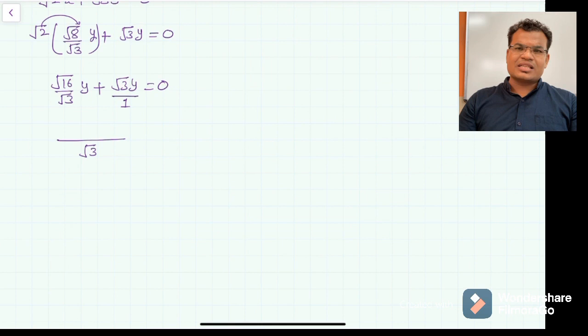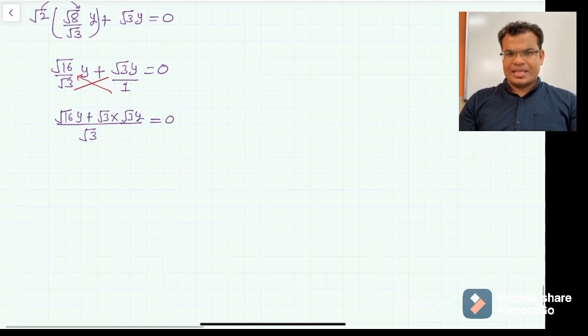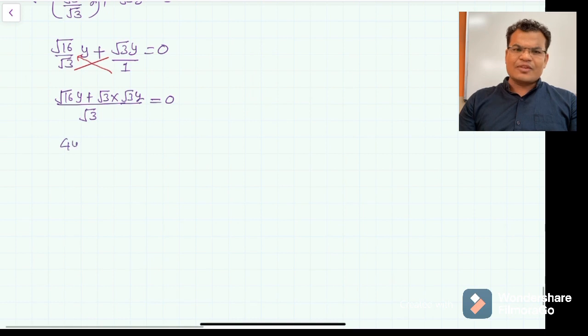So I have taken the LCM, that root 3 and 1 will become root 3, and after taking the LCM, root 16y plus 3 root 3 into root 3 is 3y. So in the next step we can write here root 16 will be 4y, root 3 is 3, so 3y whole upon root 3 is there, right?